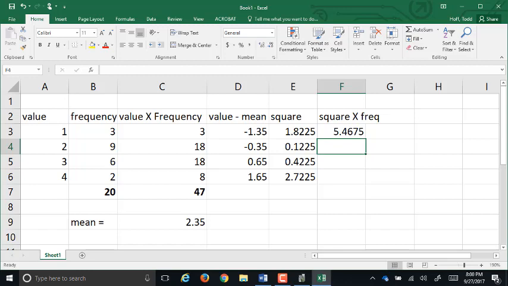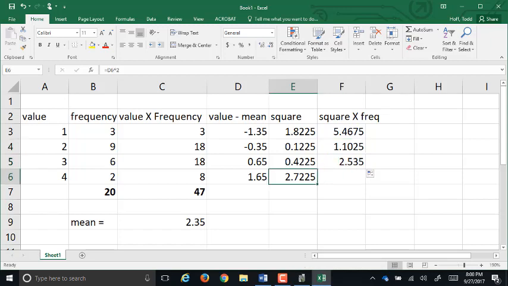Then I have to do the 0.1225 times that frequency of 9. That's 1.1025. I take the square of the 0.4225 times its frequency of 6. Gives me 2.535.